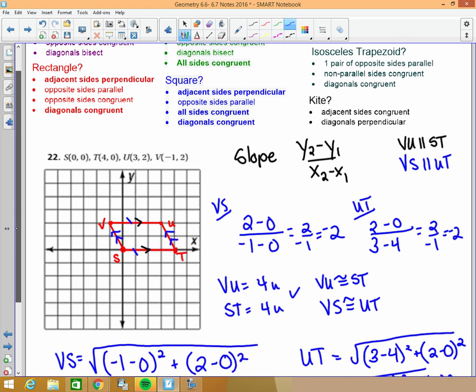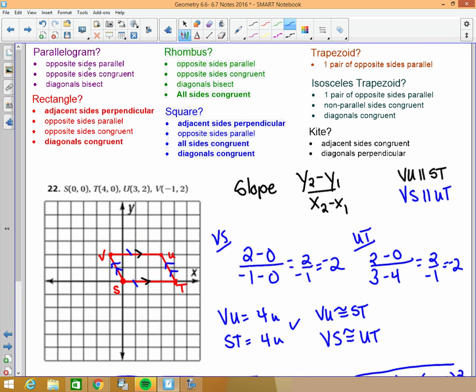All right, so far with the parallelogram, I've proven 2 of the 3 things that I need to prove, right? Now, that's enough to prove that it's a parallelogram, but because we're doing this as an example, let's go ahead and use the midpoint to prove that the diagonals bisect, yes?